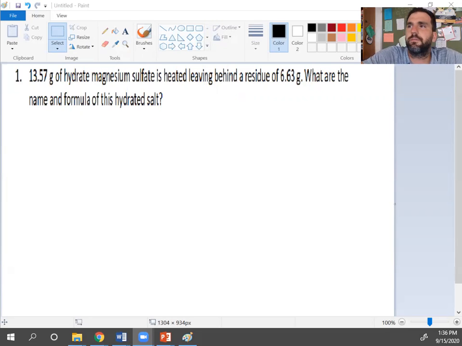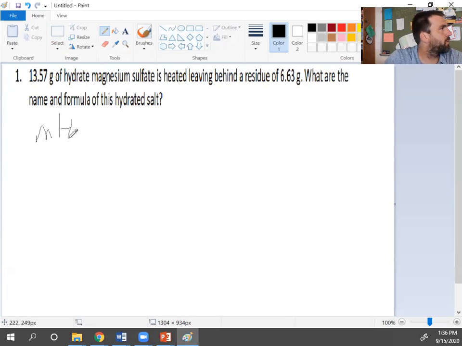All right, ready to work this one out? Our first step, we need to find the mass of the water. The mass of H2O equals the beginning mass subtracted by the residue.